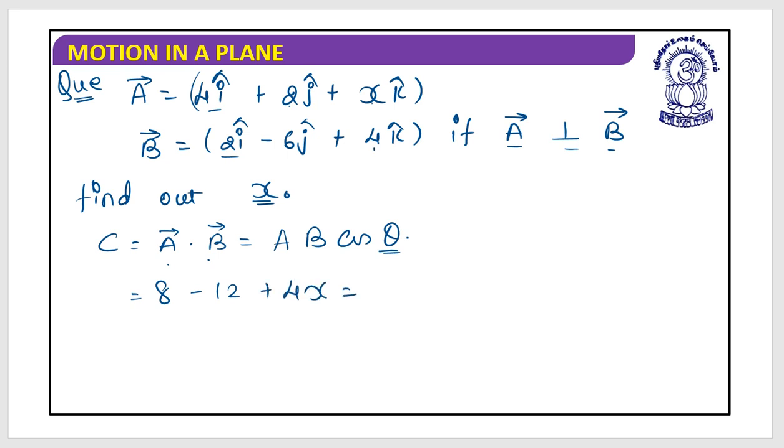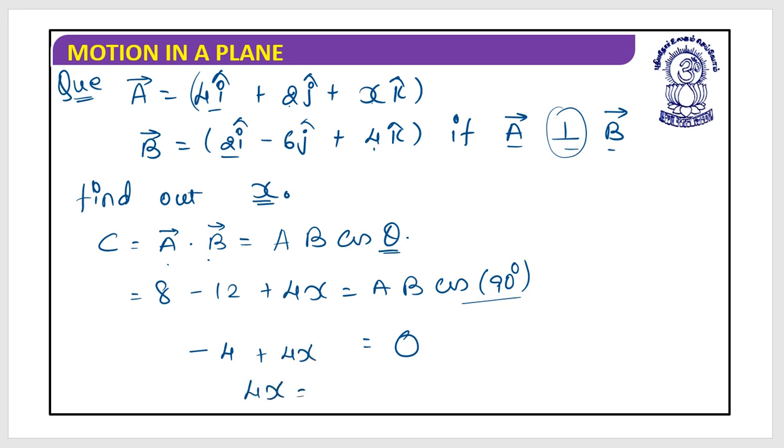That should equal A into B into cos of perpendicular, that is 90 degrees. As they are at 90 degrees, cos 90 is 0, and this has been converted to 0. So the term that remains is 8 minus 12, this is minus 4, plus 4x. If I solve this, 4x equals 4, and x equals 1.